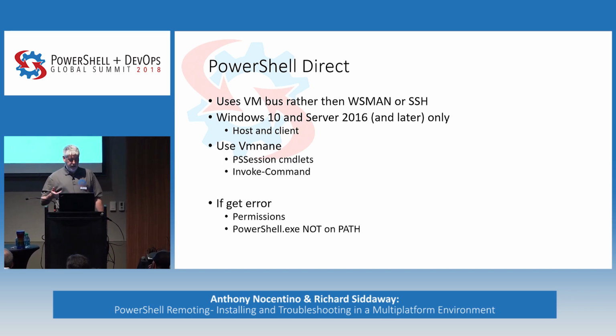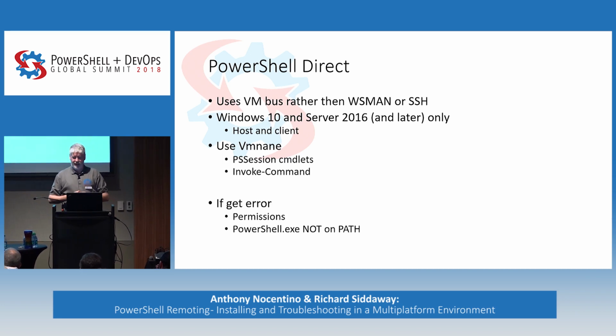So in the session cmdlets and Invoke-Command, you've got a VMName parameter, which uses the virtual machine name, or you've got a VMId parameter, which uses the GUID. Which one you want to type, I'll leave up to you, but I use the name. And if you get an error with PowerShell Direct, it's usually one of two things. Either you've put your credentials in wrong, or your path has been messed up, and PowerShell.exe is not on the path on your VM, and it can't find it.